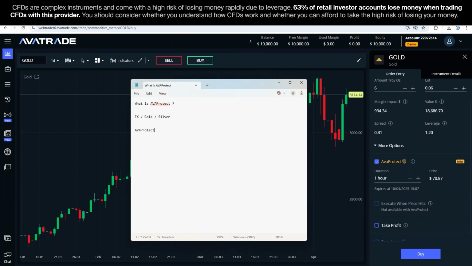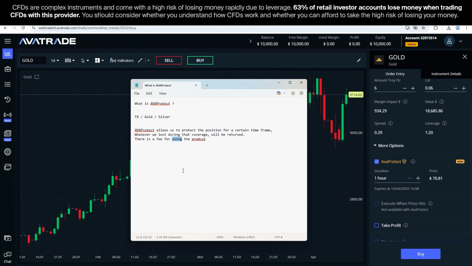AvaProtect allows us to protect the position for a certain time frame. Whatever we lost during that coverage will be returned, and there is a fee for using the product.